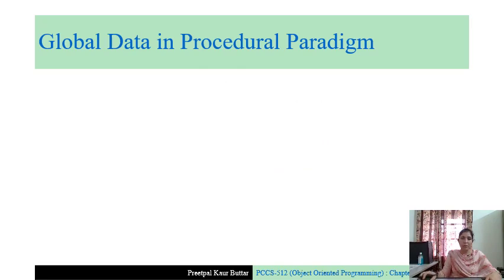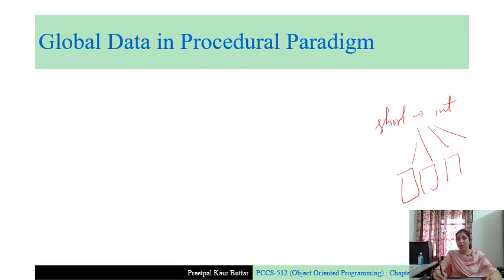For example, if we change the data type of a global data item from short to int, and a large number of functions are accessing it, then we have to modify all these functions so that they can handle this change from short to int. It will become very difficult to manage.